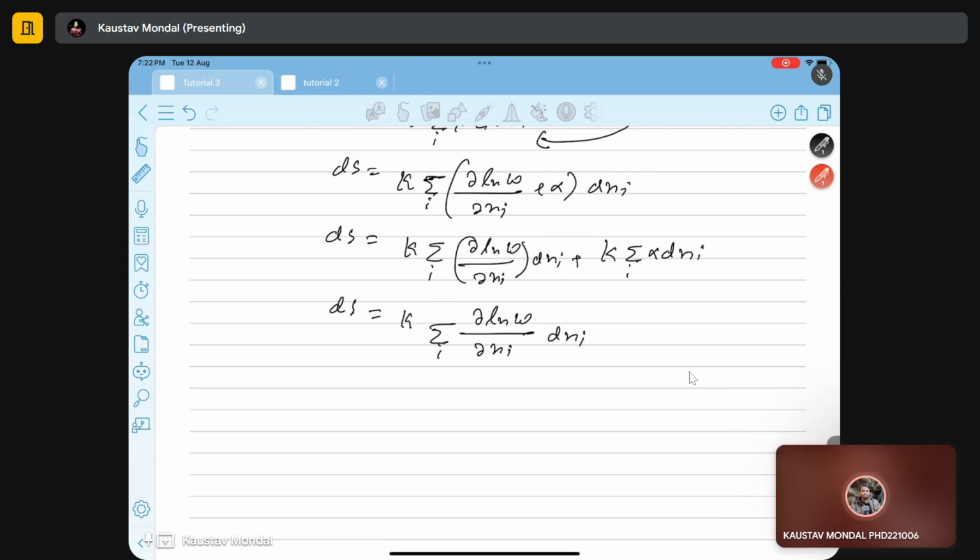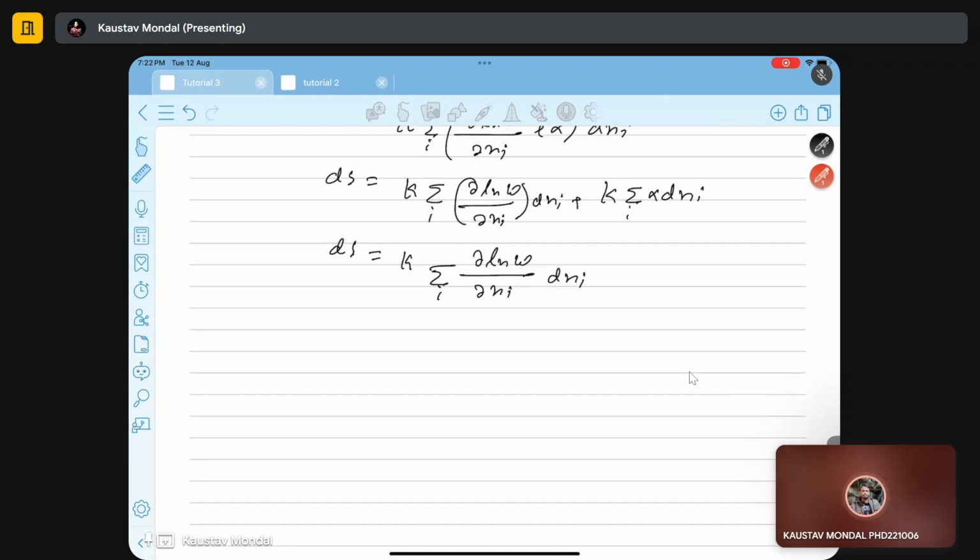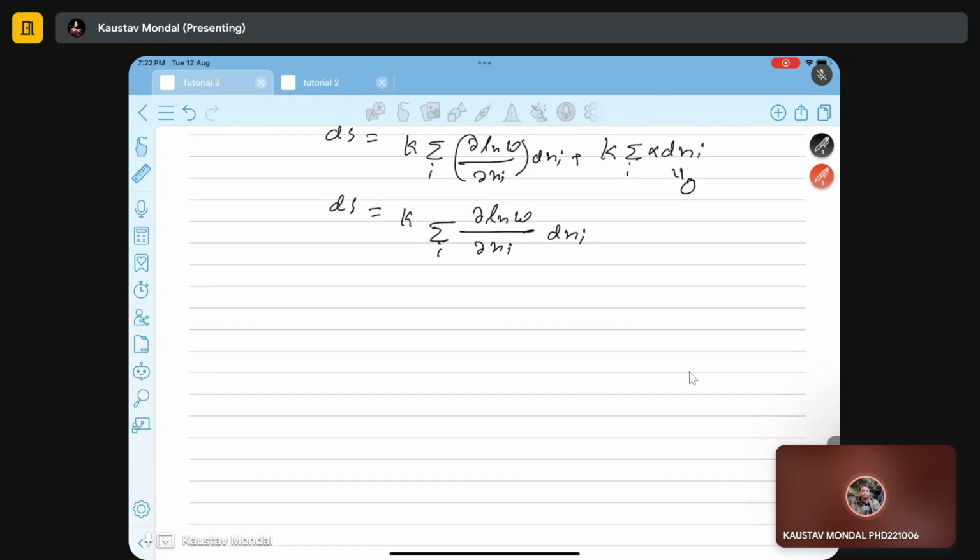So if you add all the particles interchanging from one state to another, it gives you zero, because the number of particles itself is constant. That's why this whole thing becomes zero. So now ds would be k d ln W, so S is k ln W. This is the expression of the entropy.